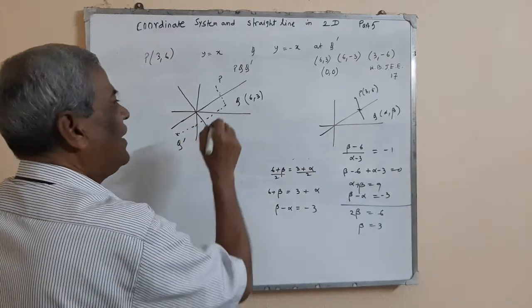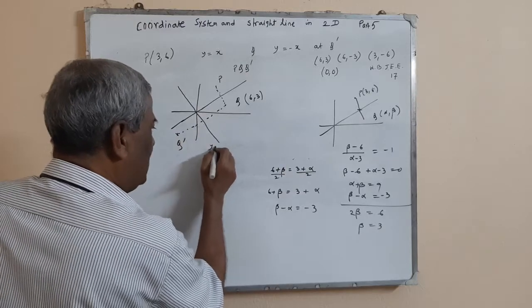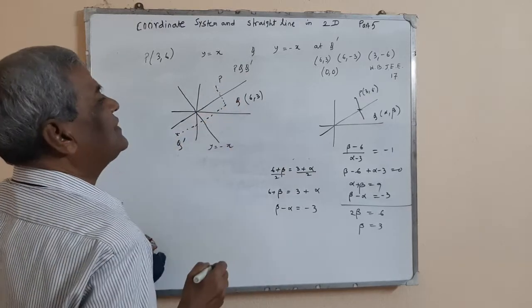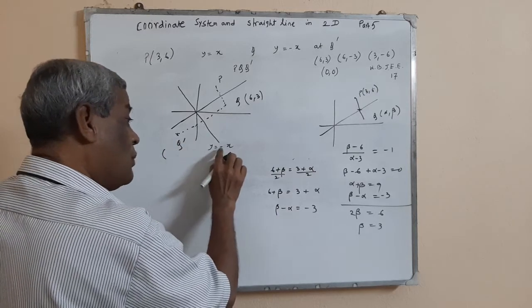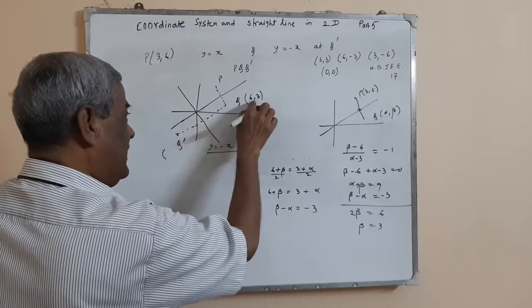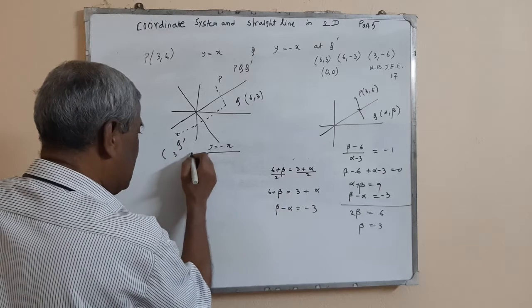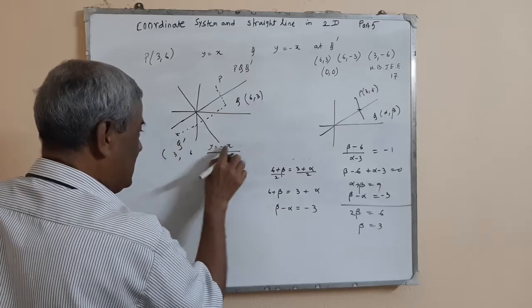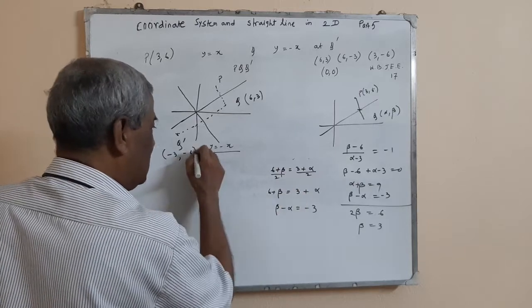Now, the point Q is reflected on the line y is equal to minus x. In that case, its reflected point will be just interchanged with negative signs, and the approach is the same.